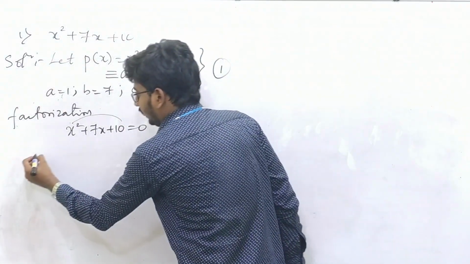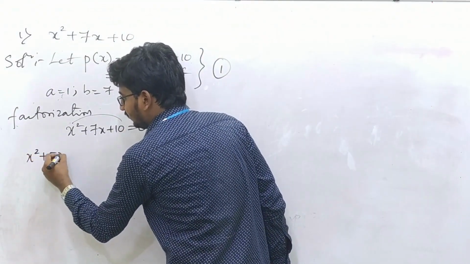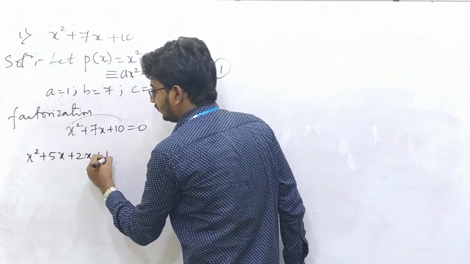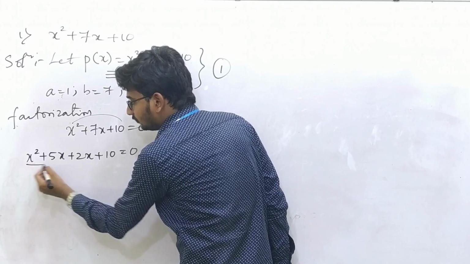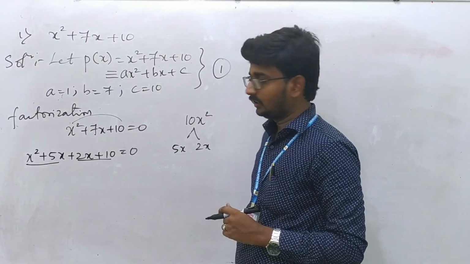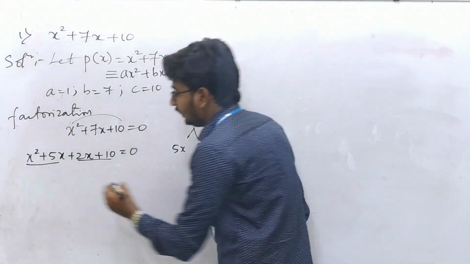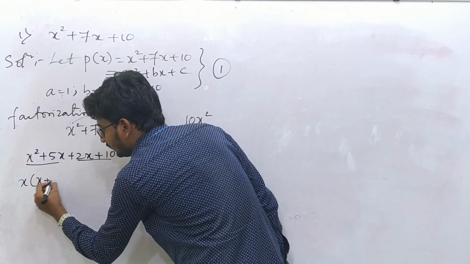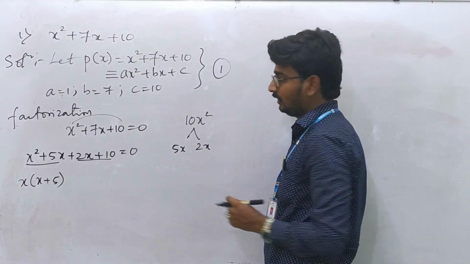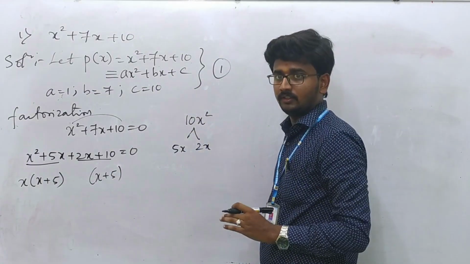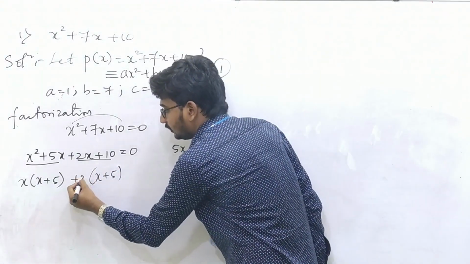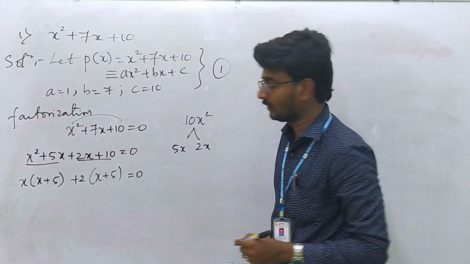Now write those. x square plus 5x plus 2x plus 10 is equal to 0. In these two terms, we have to split. What is common in these two terms? x is common, so I can take it as x plus 5. In these two terms, again I will write it as x plus 5 so that these two will match. Then plus 2 equal to 0.